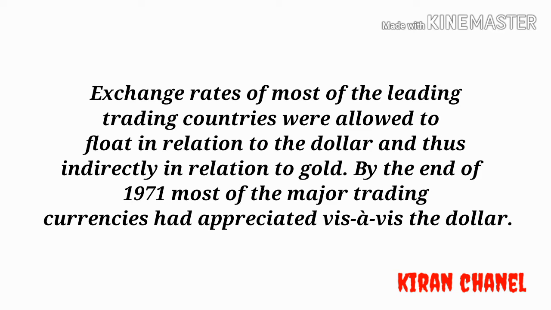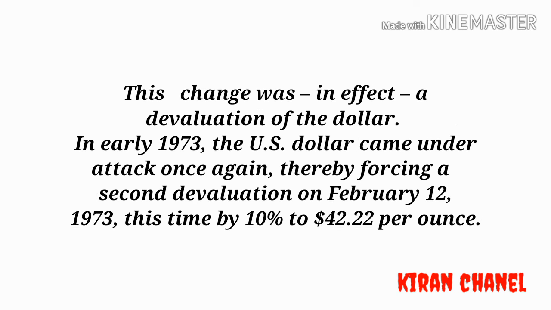Exchange rates of most of the leading trading countries were allowed to float in relation to the dollar and thus indirectly in relation to gold. By the end of 1971, most of the major trading currencies had appreciated vis-a-vis the dollar. This change was in effect a devaluation of the dollar.